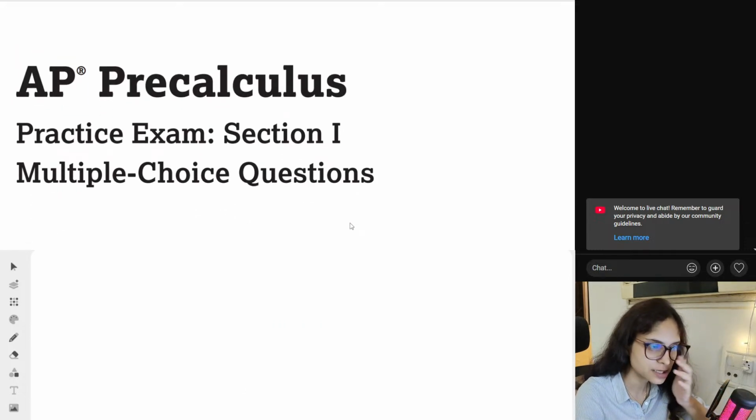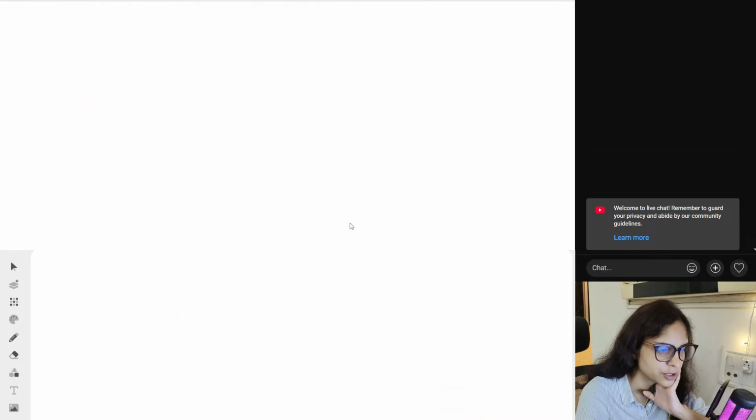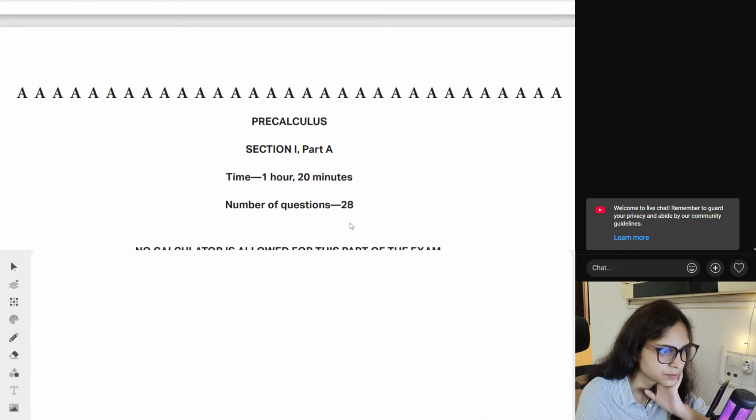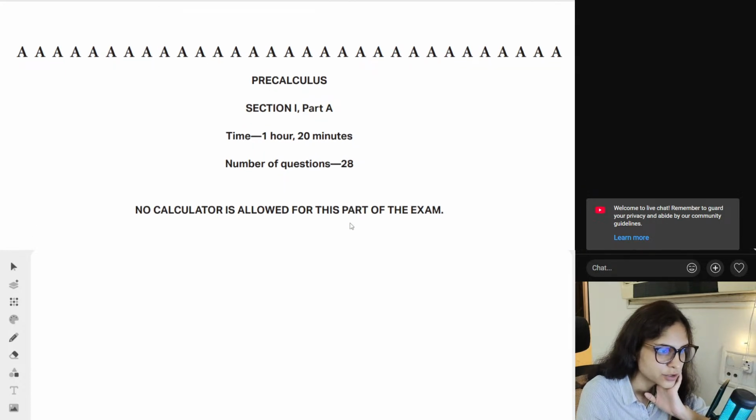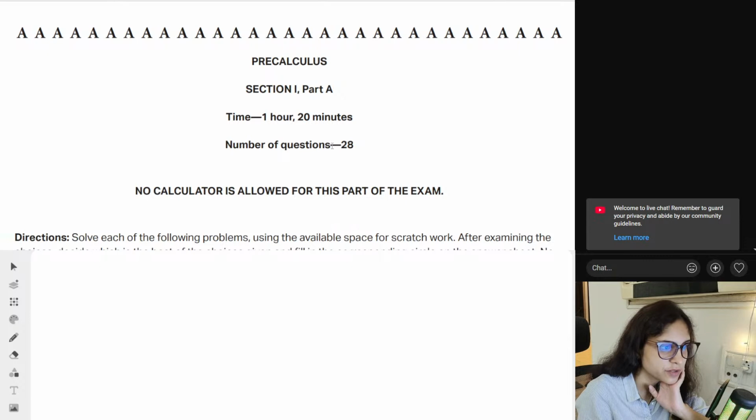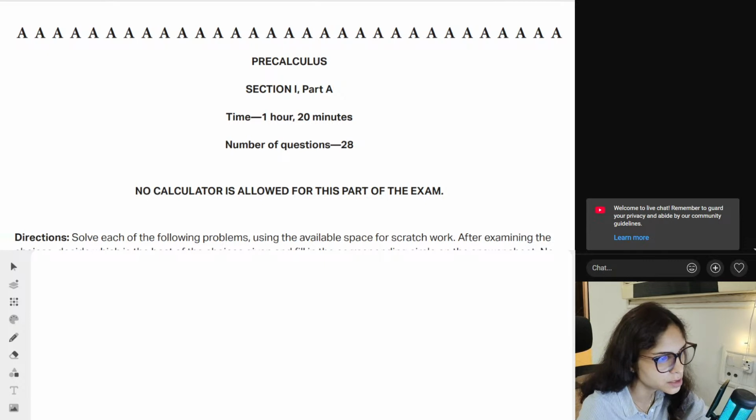This is practice exam section 1, multiple choice questions. There are 2 parts. Part A is the no calculator section, and no calculator is allowed. The total time given is 1 hour and 20 minutes, and the total number of questions is 28. 1 hour is 60, so 80 minutes are given and there are 28 questions.